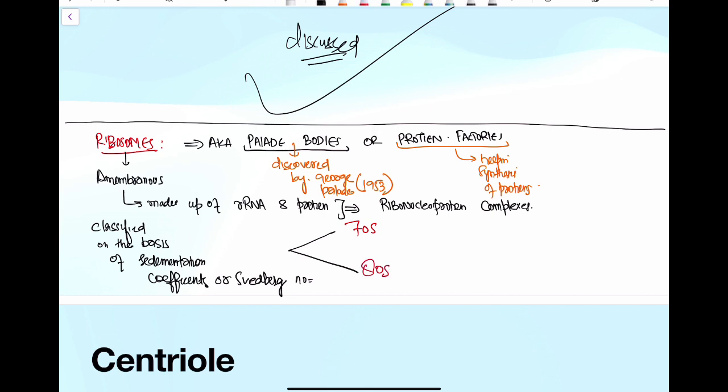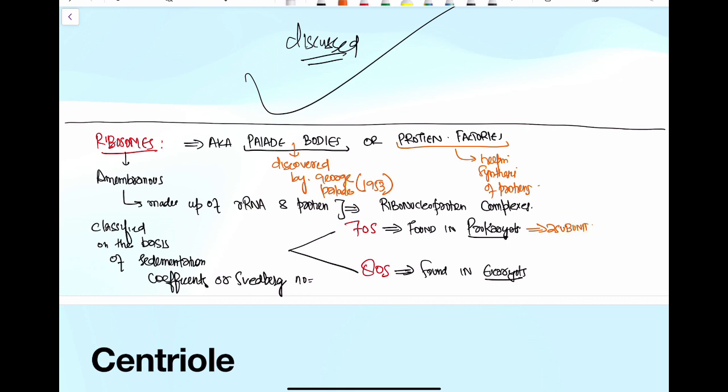Okay, so 70S ribosomes are found in prokaryotes, and 80S ribosomes are found in eukaryotes. Okay, and they also have two subunits.